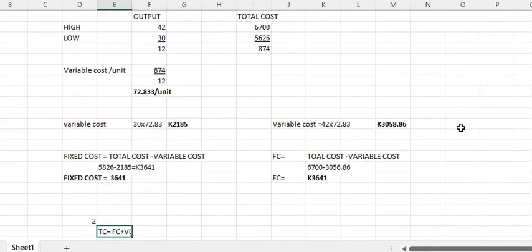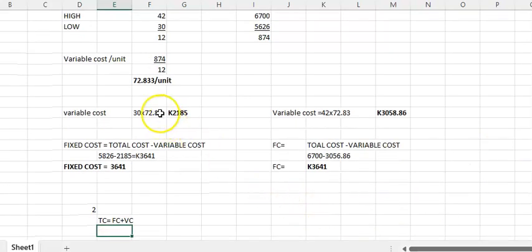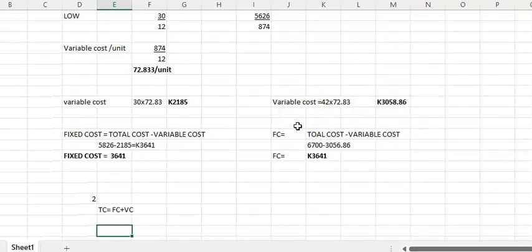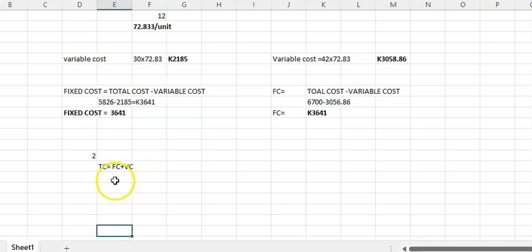We found that the fixed cost is 3641 in both scenarios. Fixed cost does not change, but variable cost changes. You can see the variable cost here and there is different, because variable cost is the cost that changes with activity levels, in direct proportion. It's got a linear relationship, a positive relationship between the activity level and the variable cost.